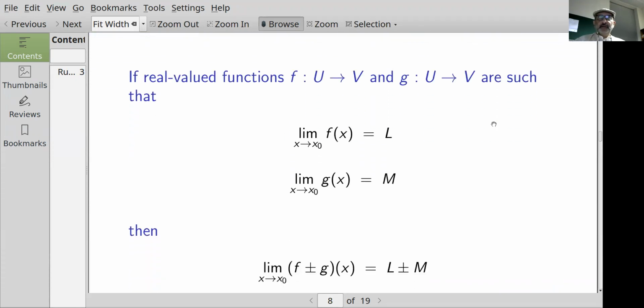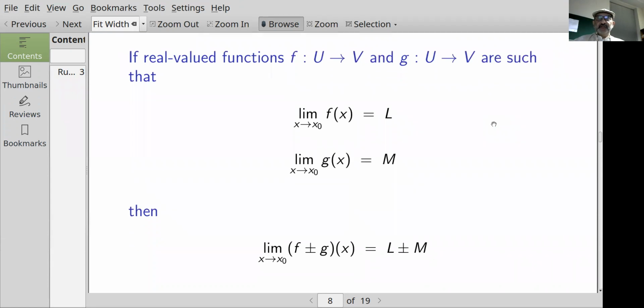Okay. Now, supposing that you have a function f which has a limit L at x naught, and a function g which has a limit m at x naught. Now, the limit of the new function f plus g will be L plus m.